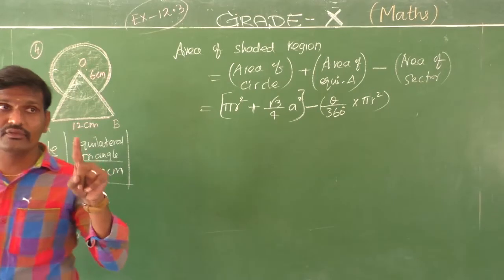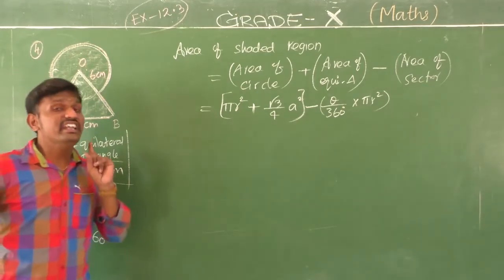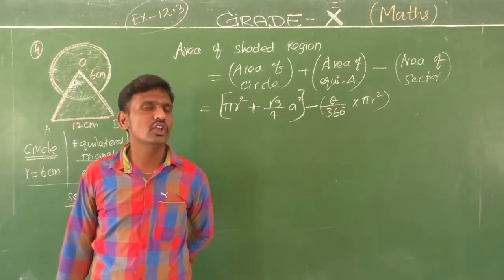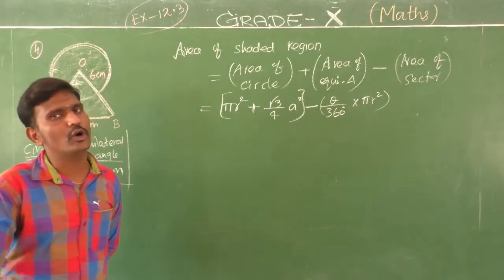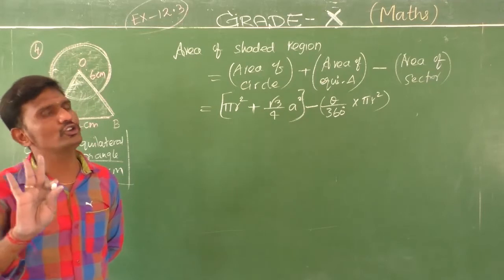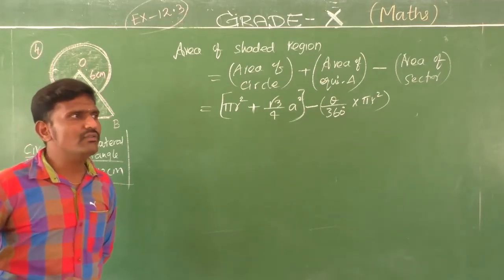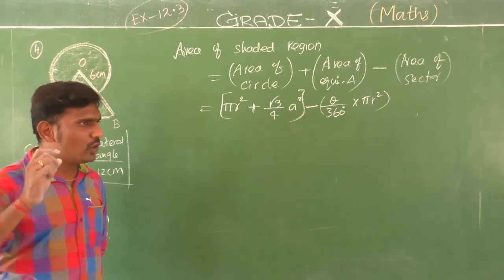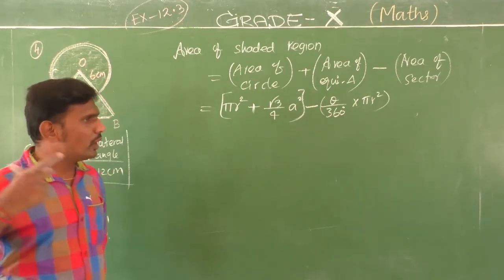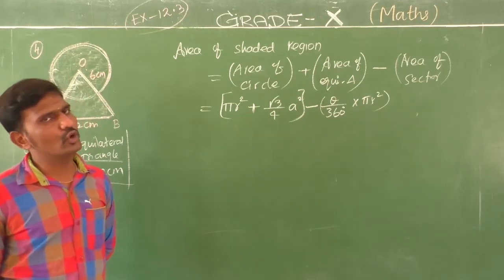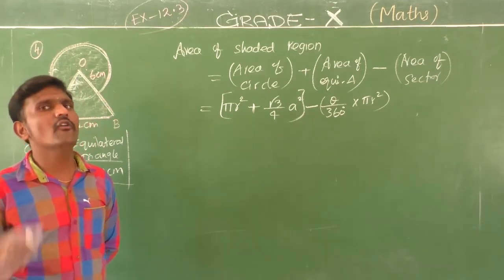In the board examination also, there is a separate mark for the formulas, so don't skip writing the formula. The diagram is also very important. Sometimes the board gives marks for the diagram also, so don't skip the diagram as well as the formula.